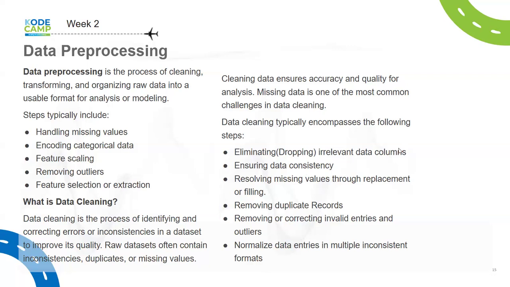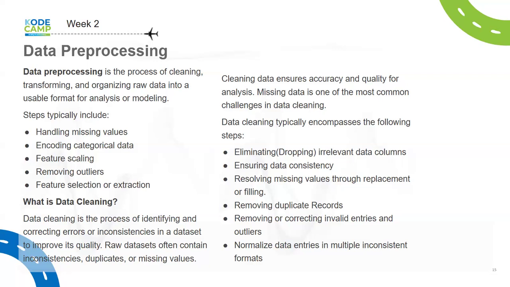So you drop those ones. For example, serial number. If you have a data set and then you have serial number or ID number, there's no real correlation between the serial number and what you want to predict or get out of that data. So you may drop that, or identification numbers. The other thing is you want to ensure data consistency.